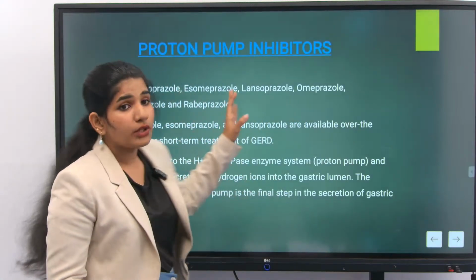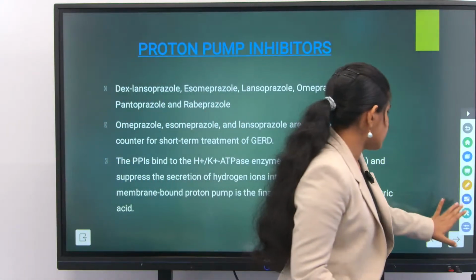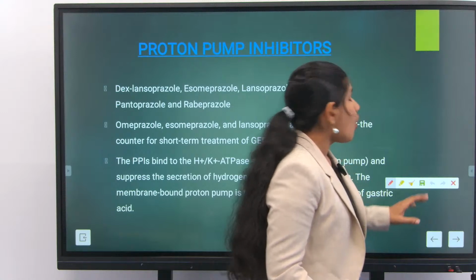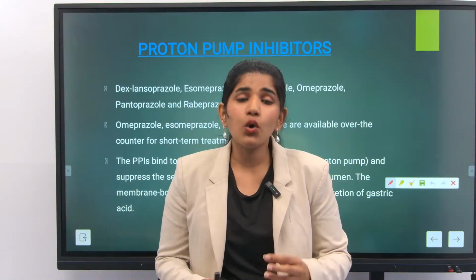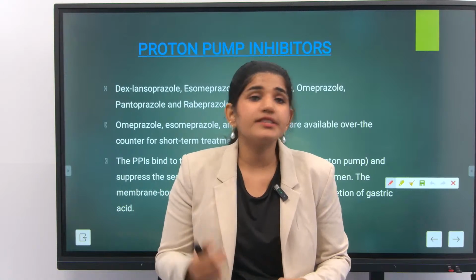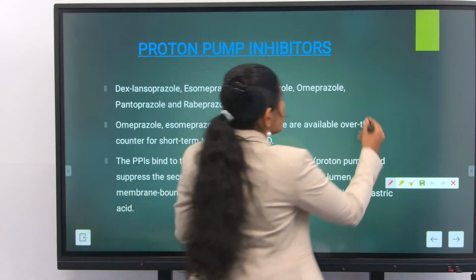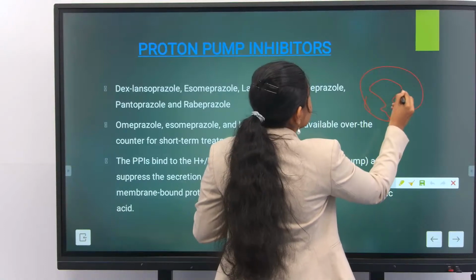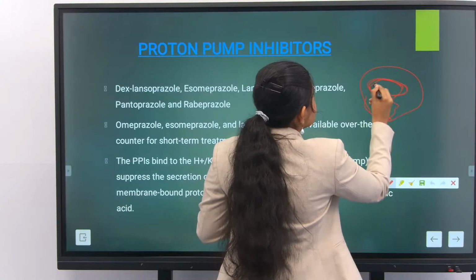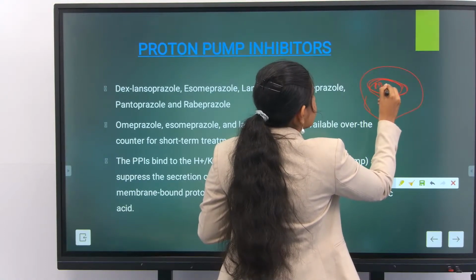Next, we are going to the proton pump inhibitors. These are the most commonly used drugs today. So how do the proton pump inhibitors act? Suppose this is the parietal cell, and this is the H plus K plus ATPase enzyme.